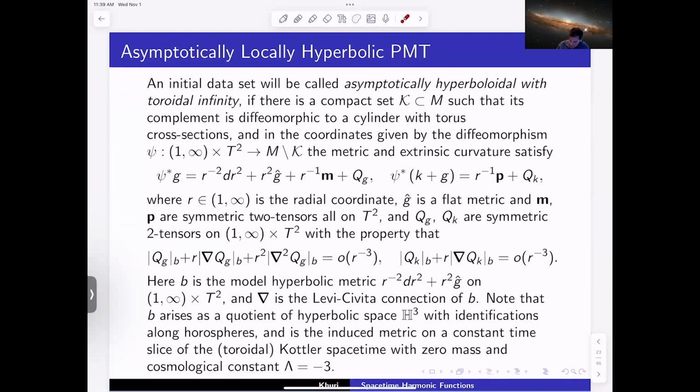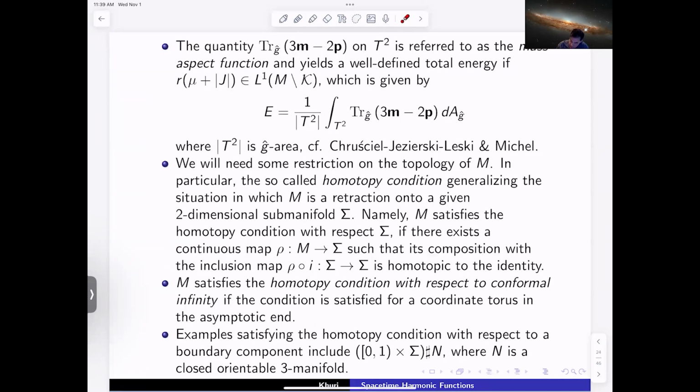Now, these can be motivated by physics. Again, there's a way to motivate these, and one wants to prove analogous type of positive energy theorems for these type of objects. So here we're going to talk about the torus case, where the conformal infinity is a flat torus. And we need to add some extra conditions, say on the topology, to take care of the level sets, because here we're not going to use asymptotically linear functions.